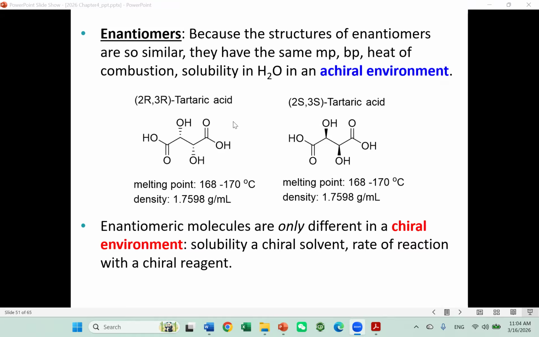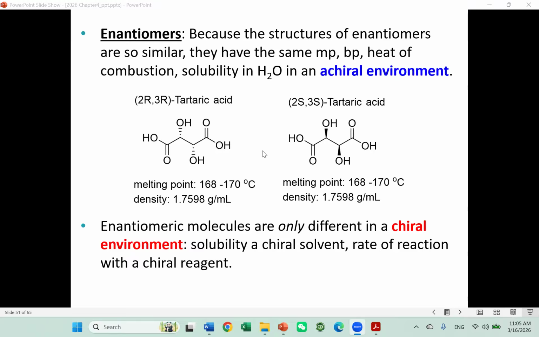Okay, here's an example with 2R,3R tartaric acid and 2S,3S tartaric acid. You see all the stereocenters are opposite, one is RR, one is SS. Okay. So they have exactly the same melting point, same density, and pretty much the same everything. So it's very hard to distinguish a pair of enantiomers.